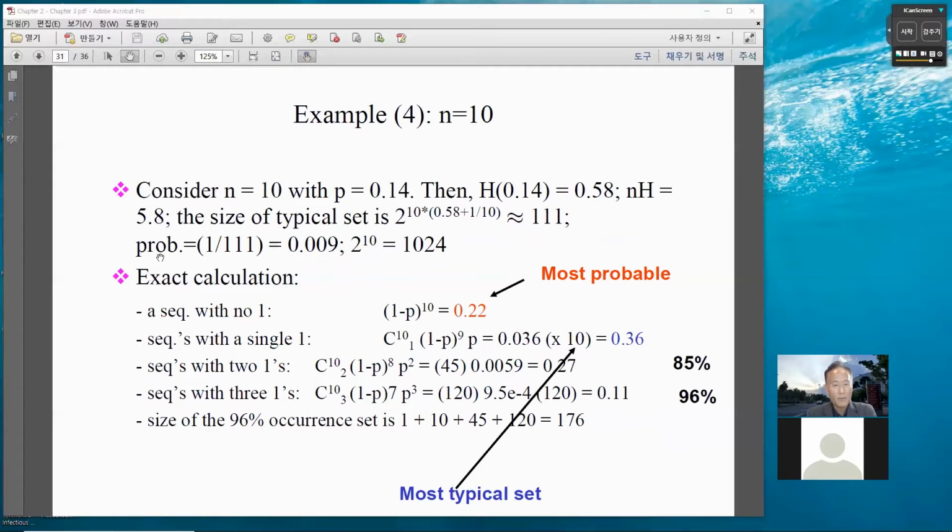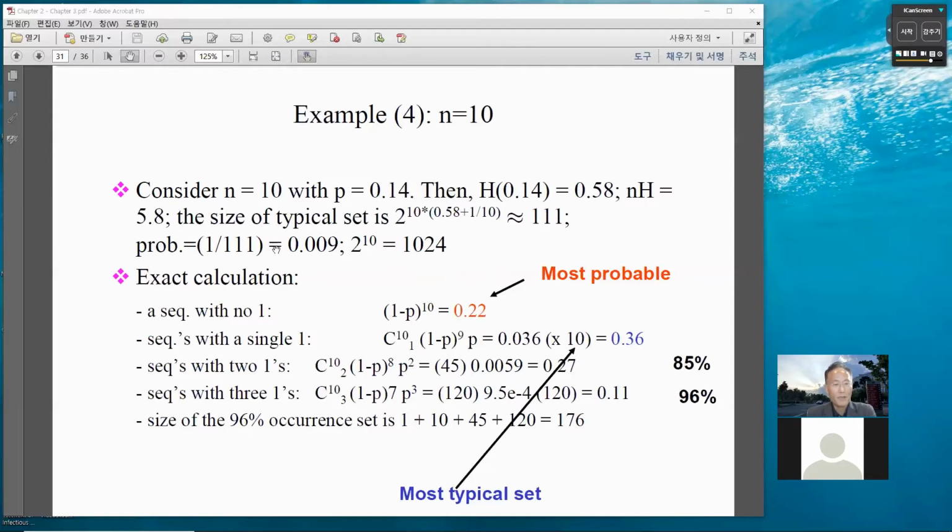So the probability of occurrence of each sequence is 1 over 111, which is 0.009. Each one occurs with equal probability, 0.009, under the assumption of AEP. And then there are a total of this many sequences because n is equal to 10.